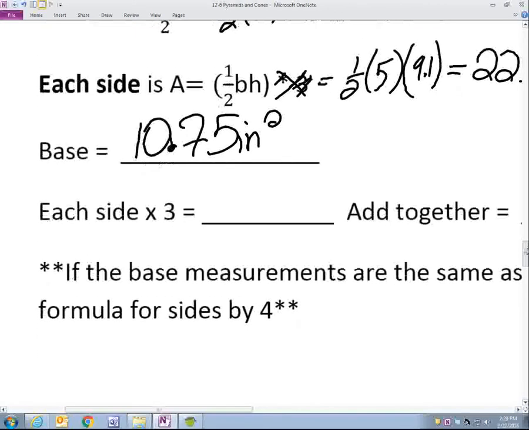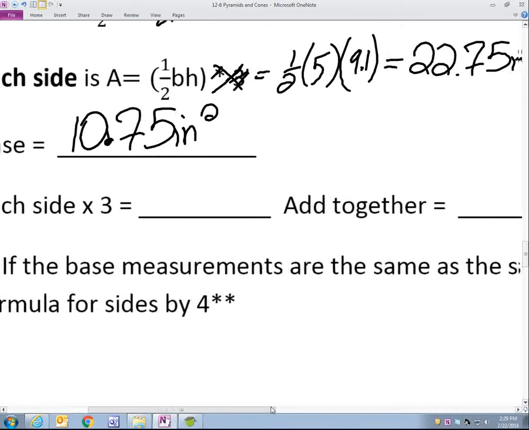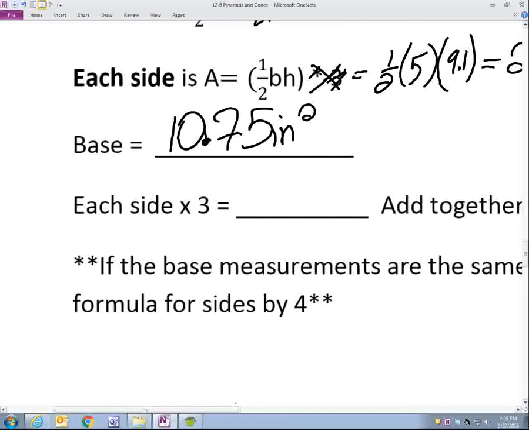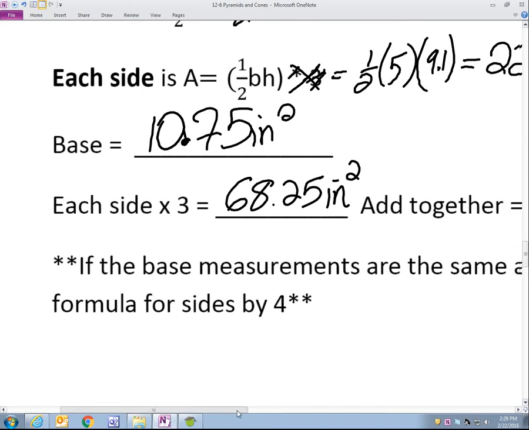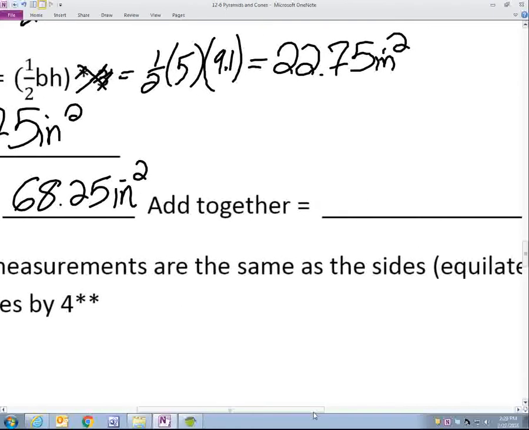Then we have to multiply 22.75 inches squared by 3. 68.25. Don't say 68 and 25. Unless you say 25 hundredths. 68 and 25 hundredths works, but don't say 68 and 25. That's 68 plus the number 25.